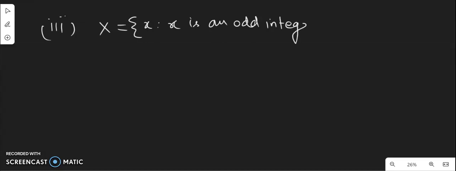This time I've got X equal to {x such that x is an odd integer}, and I've got a set Y which says {x such that x is an even integer}.